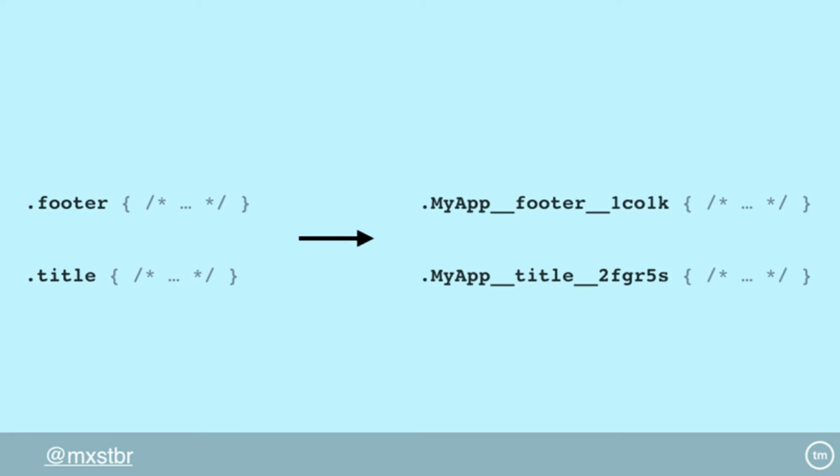It prepends the app name, and it postpends a hash of the contents of the class. What that means is, even if there's another .title defined somewhere in my application, I don't care. Because there's a hash postpended of the contents, these class names will only overlap if the contents are exactly the same. And if they aren't, they're two completely unique class names. So we completely avoid naming collisions.